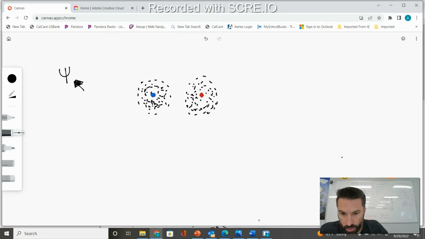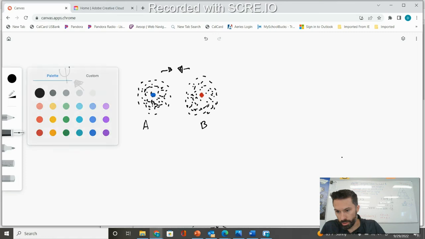As these nuclei get closer and closer together, we start to have an interaction. So we're going to call the blue one atom A and the red one atom B, with electron A.